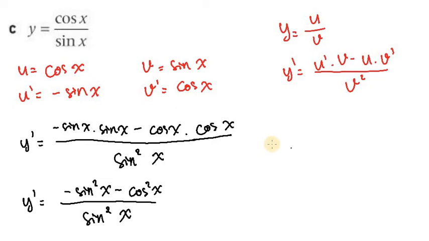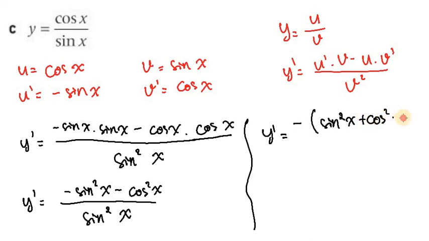Let's just make it into one page. We will end up with y accent equals, factorize the negative, we have negative in front, bracket, sin square x plus cos square x, divided by sin square x.